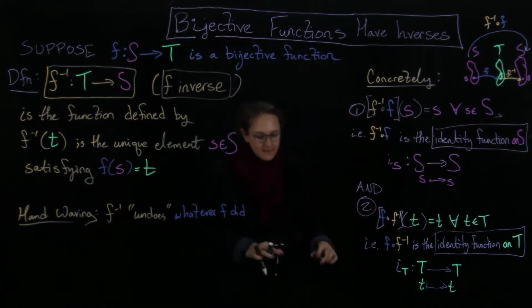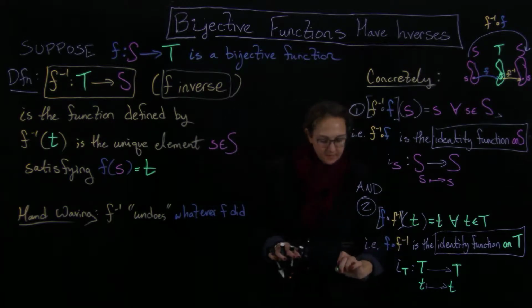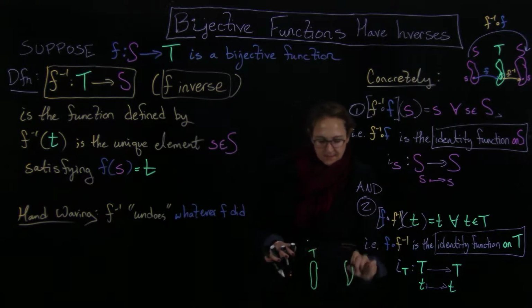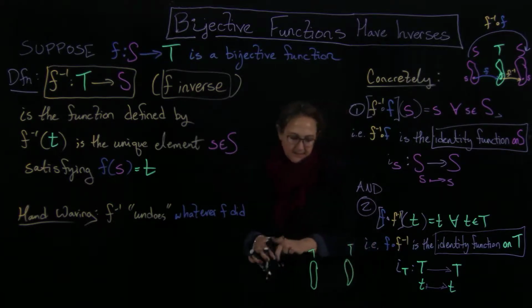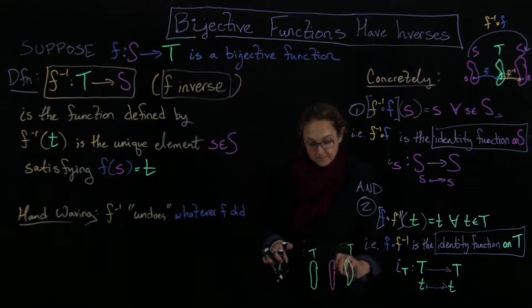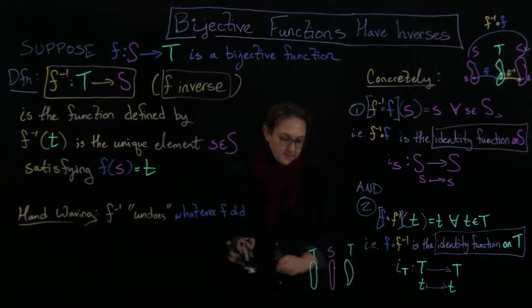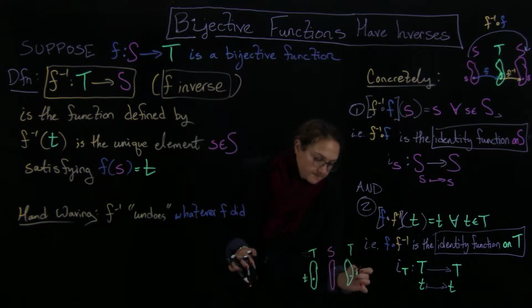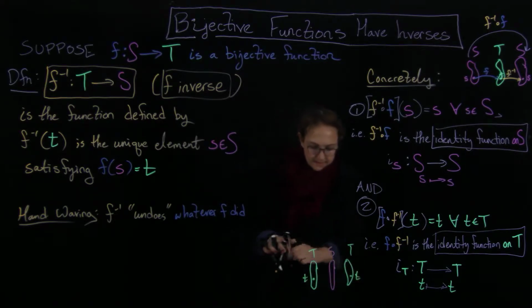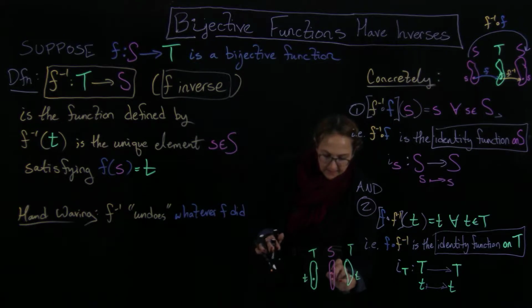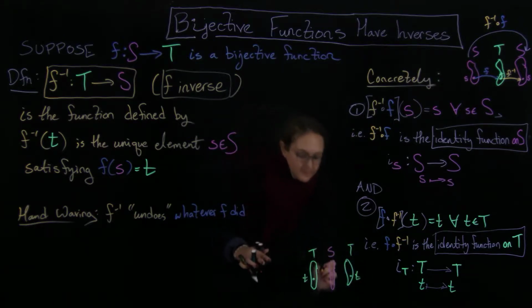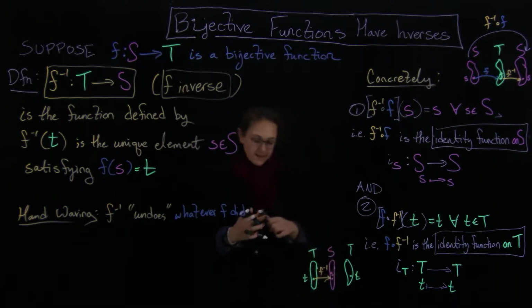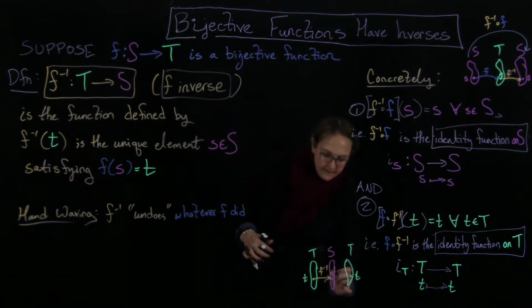So I have my T, and my S is now in the middle, and my element T here and some little element S in here. First I've got F inverse going like this, and then I've got F coming after.